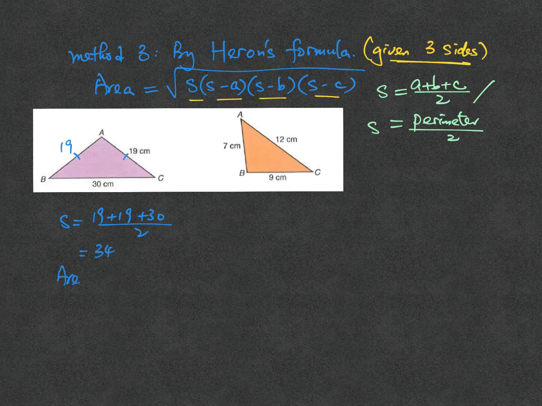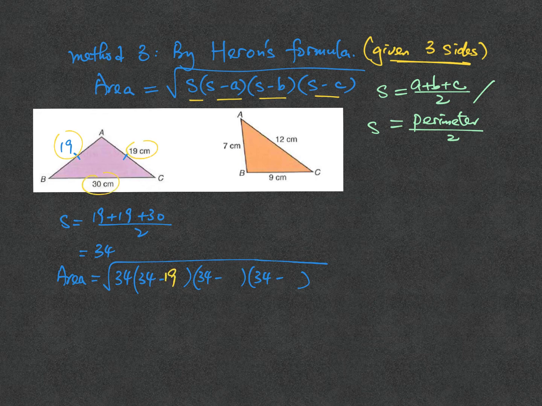So as a result, the area of the triangle will be given by the square root of S, 34, times 34 minus, 3 times. We need not care too much about which are A, B, C, but you fill in 19, 19, and 30 in the formula. Afterward, you can ignore the square root sign first, and you multiply all the numbers together, including 34.